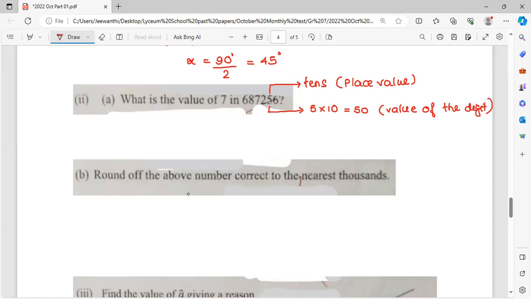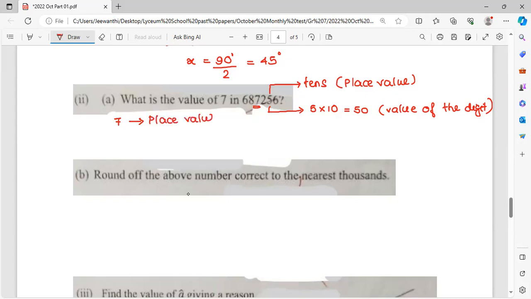The same way, here they have asked 7. So then 7, what is the place value? It is 1000, right? So the place value is 1000.